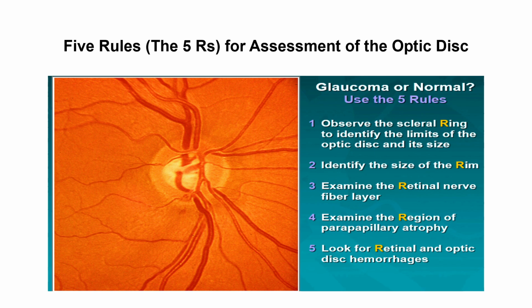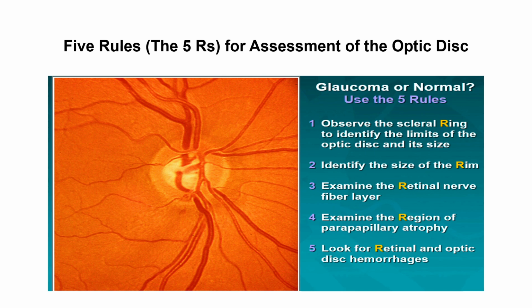In order to know whether the disc is glaucomatous or not, you should use these 5 rules. The first rule is that you should observe the scleral ring in order to identify the limits and the size of the optic disc. Then you will identify the rim, what we call the ISNT rule: inferior should be the thickest, followed by superior, then nasal and temporal rim.